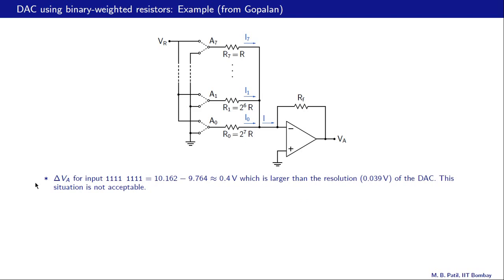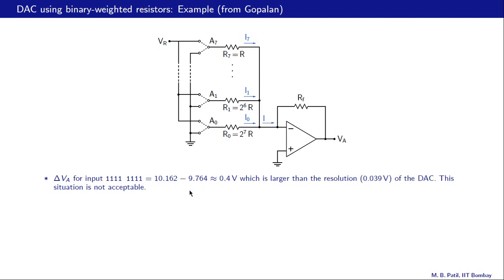So as we found in the last slide, for a fixed input combination such as 1111, 1111, the output voltage can vary substantially because our resistances are not perfect. They have a non-zero tolerance. And in the last example, we found that the maximum VA in magnitude was 10.162 and the minimum was 9.764.